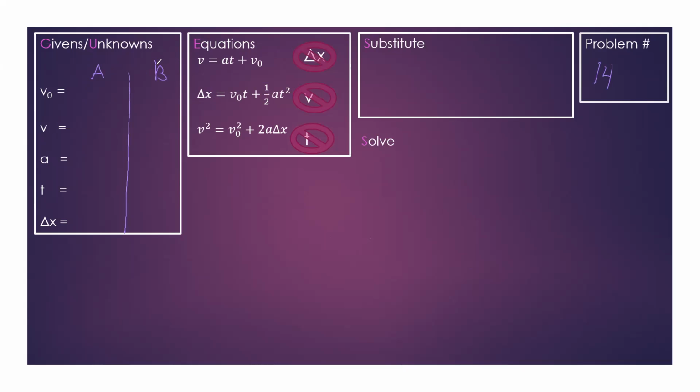All right, so train A. Two trains are accidentally put on the same track, so they're on a head-on collision course. Train A is moving at 28 meters per second and can decelerate, or slow down, at -4 meters per second squared. Train B is moving at 30 meters per second.